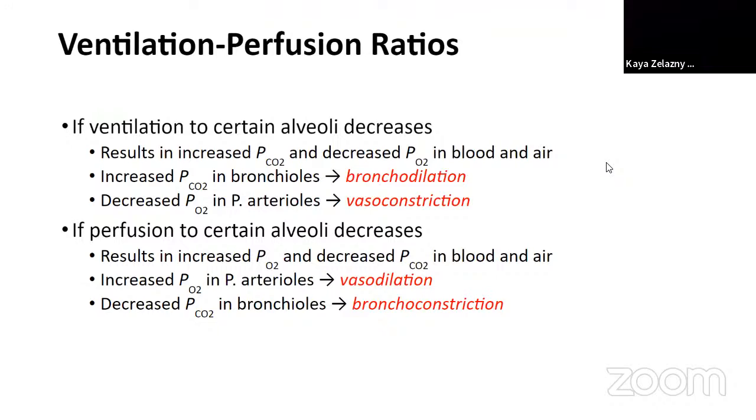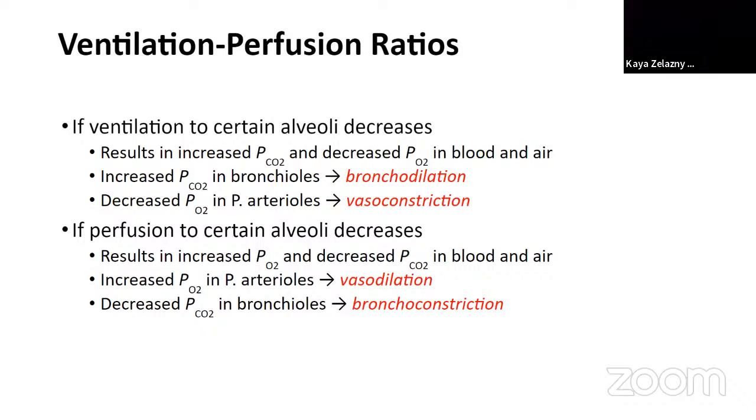We care about this because we're circling back to a concept we talked about a little while ago, which is that we have bronchodilation and bronchoconstriction happening, changing the radii of our airways. And also, as we learned last unit, we have vasoconstriction and vasodilation happening, changing the radii of our blood vessels.